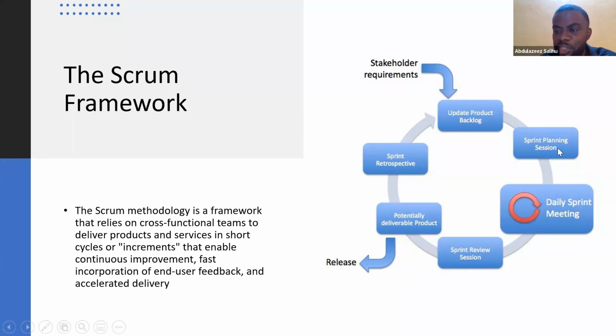When you have this sprint planning session, you agree that we want to do X, Y, Z. A typical sprint runs between 1 to 4 weeks, depending. But the beauty of Agile is that you don't want to wait until after 2 weeks to know you're doing very well. So you're doing your inspection and your adaptation on a daily basis.